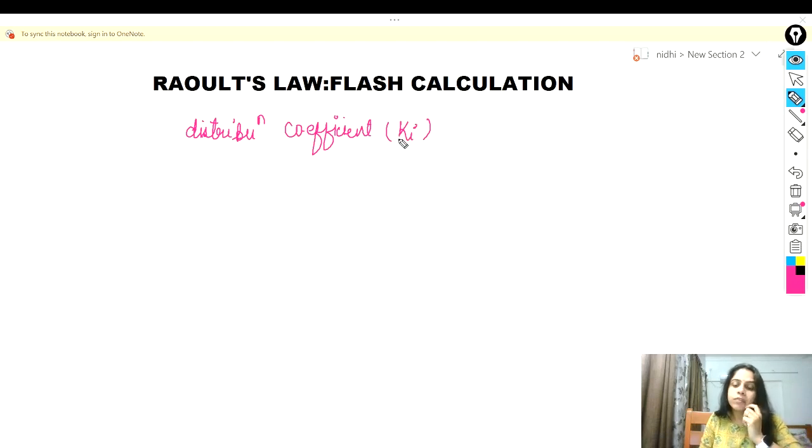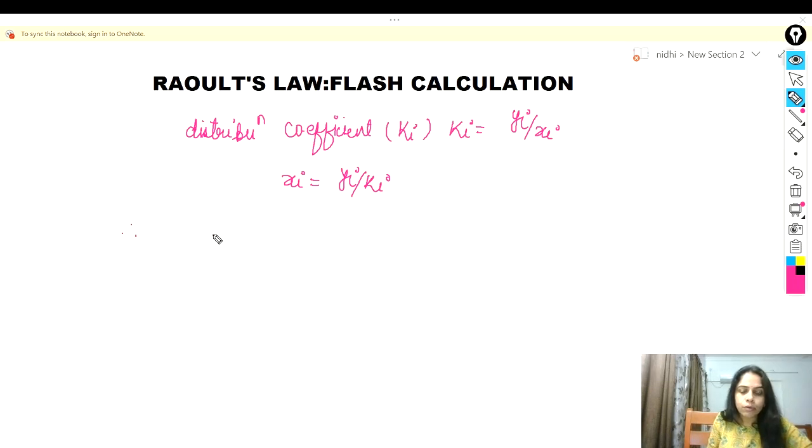The distribution coefficient for a species is defined as its composition in the vapor phase divided by the composition in the liquid phase. So we can write Ki is equal to Yi upon Xi. We know that Yi is the composition in vapor phase and Xi is the composition in liquid phase. So you can replace Xi by Yi upon Ki.